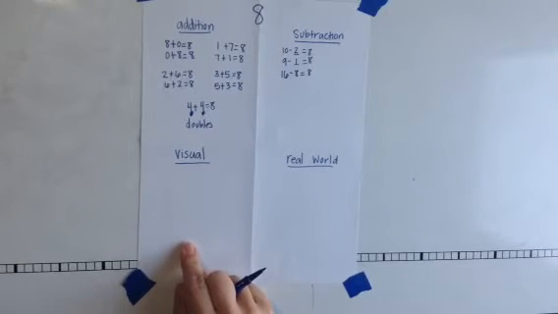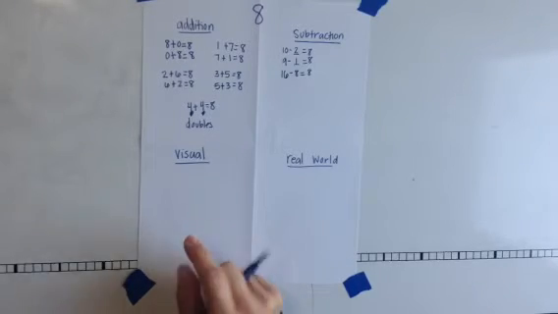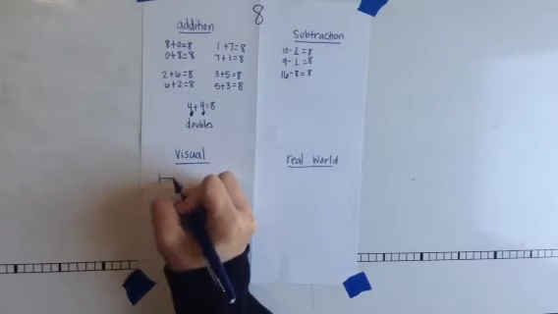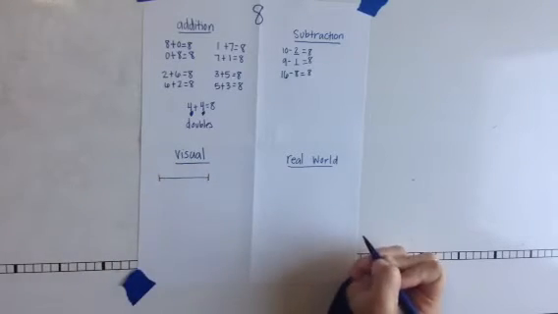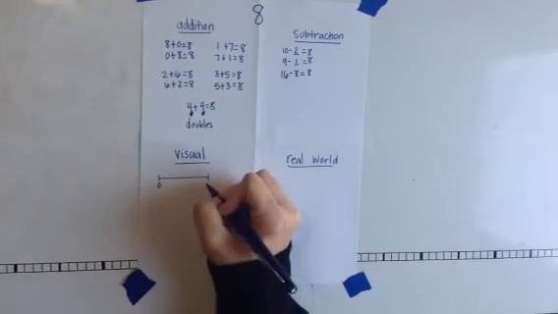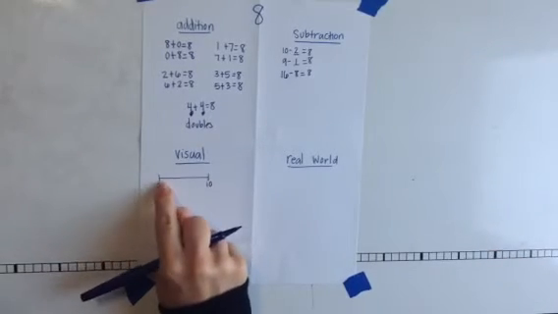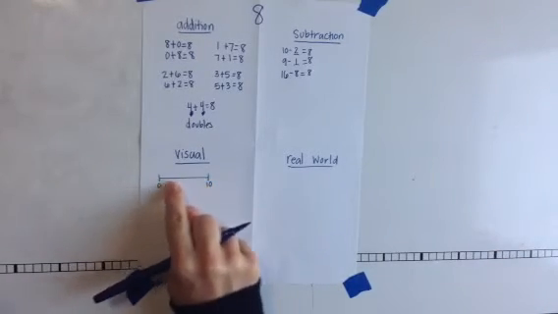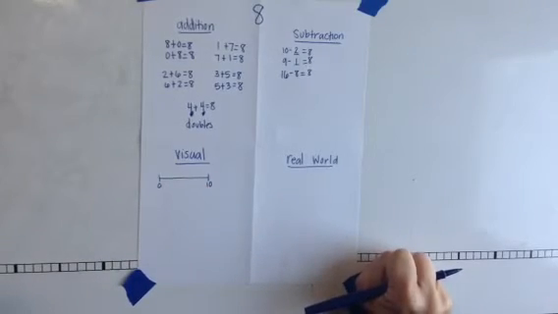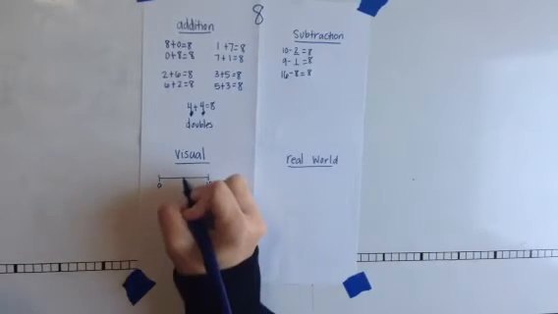Down in my bottom corner that says visual, I want to think about some tools or some things that we use at school that could represent the number 8. The first one I was thinking about was a number line. If I have a number line and I label it 0 and 10, I know that 8 is going to fall in between these numbers someplace. I like to set up a landmark number, so I'm going to divide it right in half.